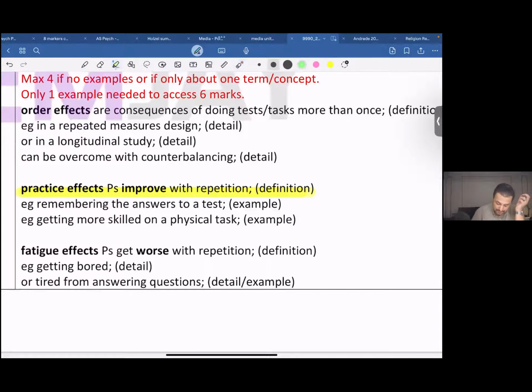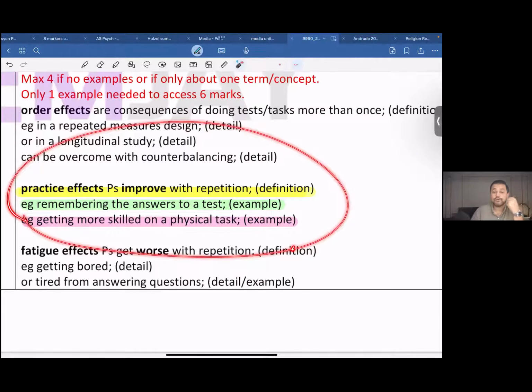Example, remembering the answer to a test. If I give you a test, and then I give you the same test after 2 days, you might be able to perform better in the second test. Another example, getting more skilled on a physical task. If you're doing it more than once, you keep getting better at it. Practice effect.